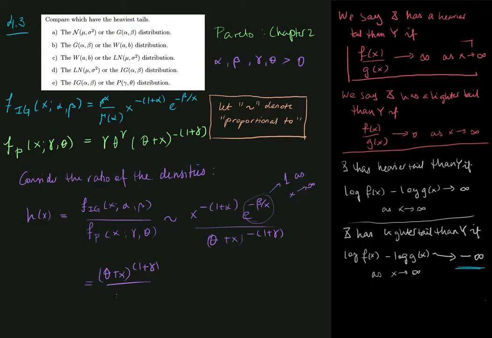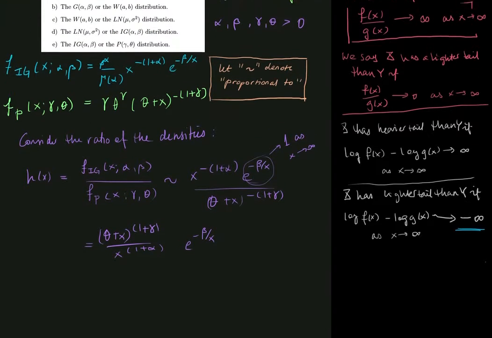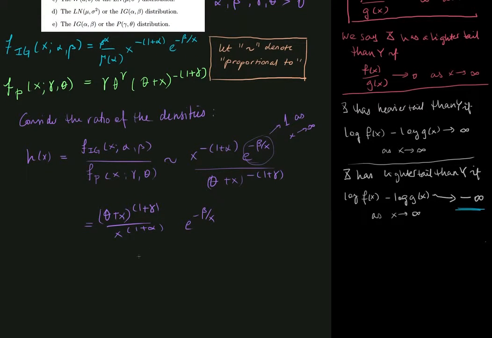So I put this in the numerator and this in the denominator. The e to the minus beta over x is essentially non-interesting, since it just goes to 1. So essentially what I have is x to the power 1 plus gamma divided by x to the power 1 plus alpha, right?